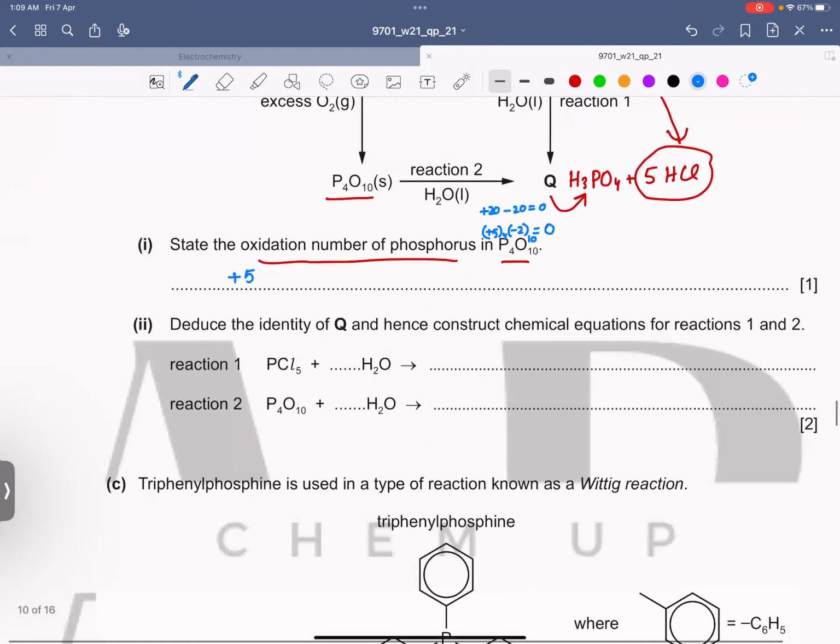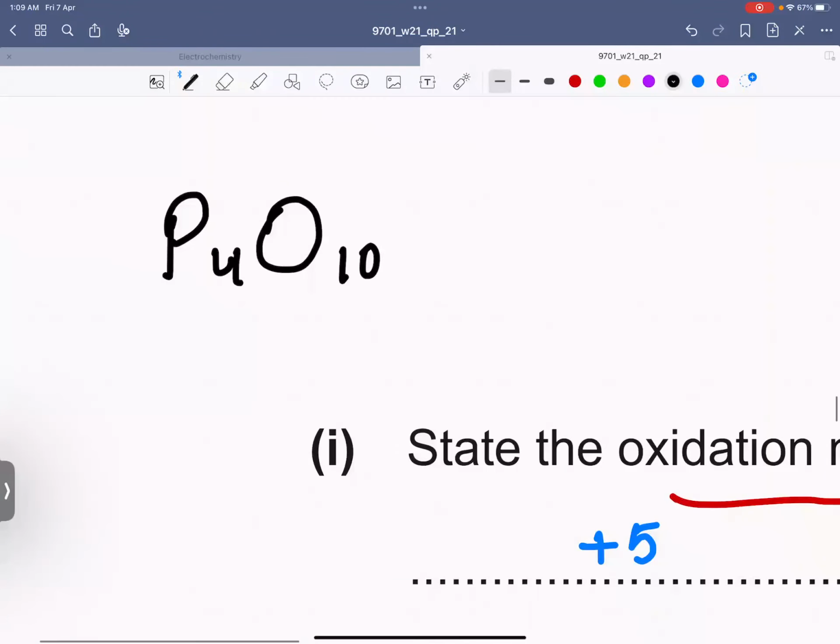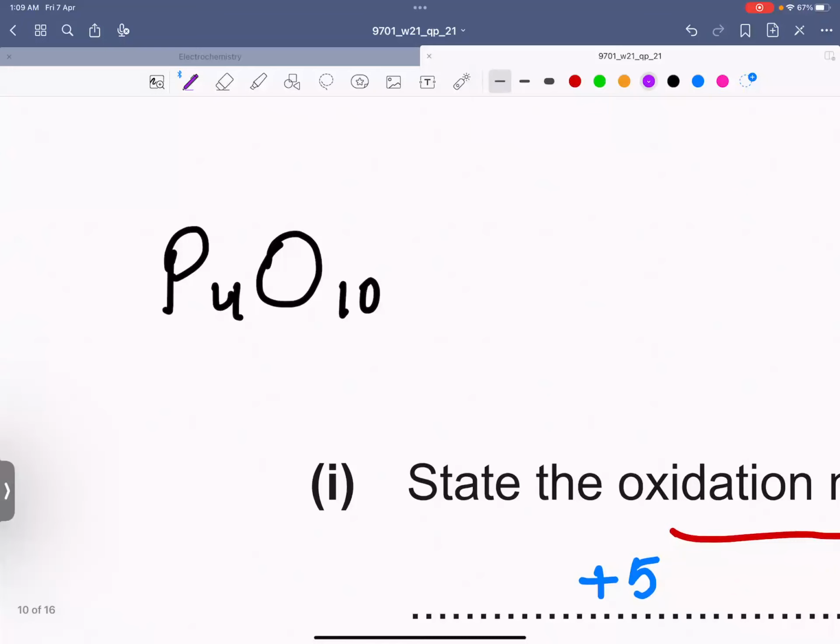Okay. Now sir, I did not understand this. Okay, wait. See, Abdur Rafe, it's P4O10, right? In P4O10, is there any charge on it? Yes.